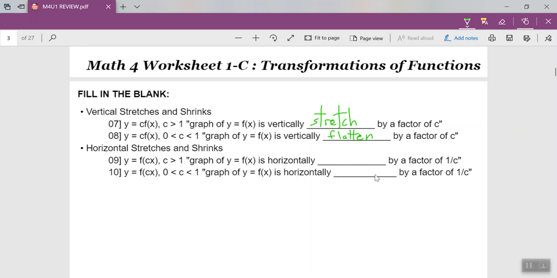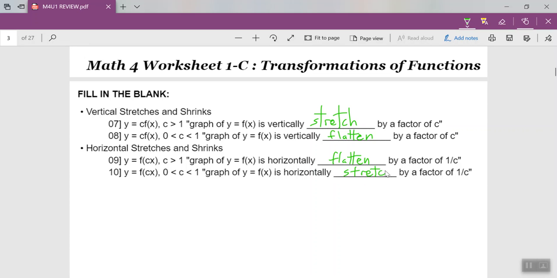And that actually goes the other way around with horizontal. When the number is bigger than 1, you are horizontally flattening. But if it is less than 1, you are horizontally stretching.